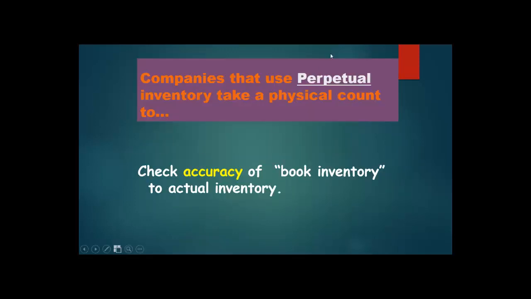However, companies that use perpetual inventory also must take a physical count to check the accuracy of the book inventory to the actual physical inventory. Just because you do perpetual, it means you still must take a physical inventory.